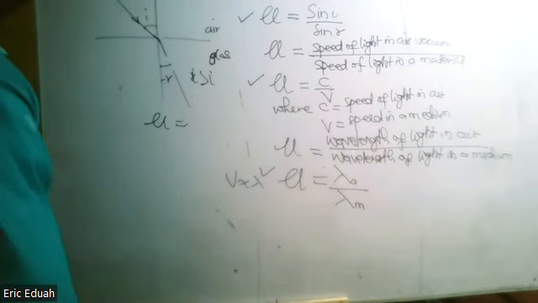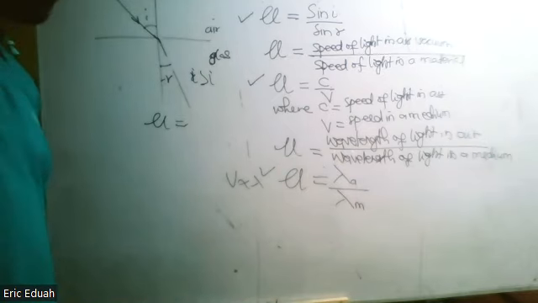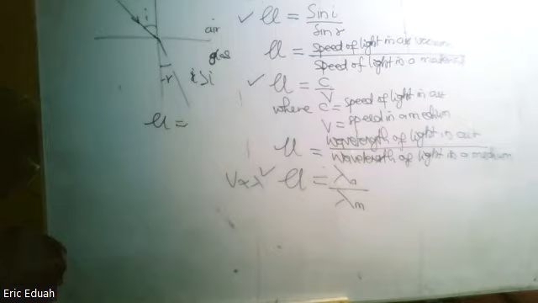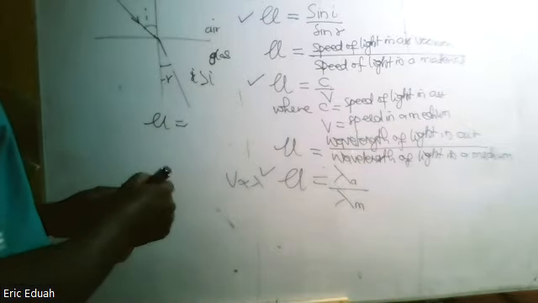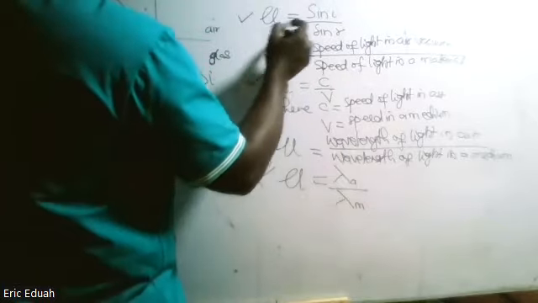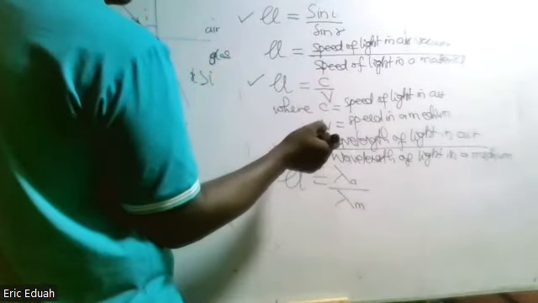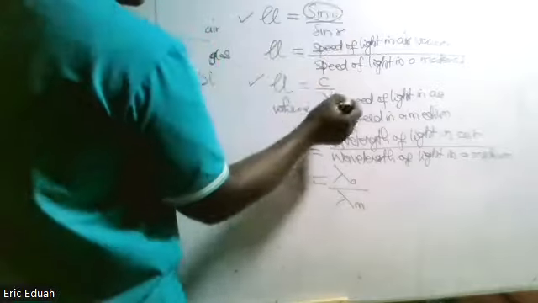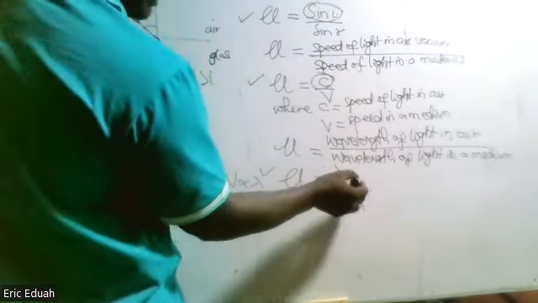All that I'm saying is that when you look at three different ways of expressing absolute refractive index, the numerator in each case is greater than the denominator.